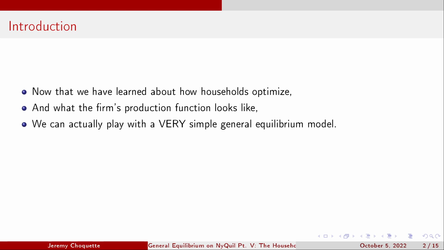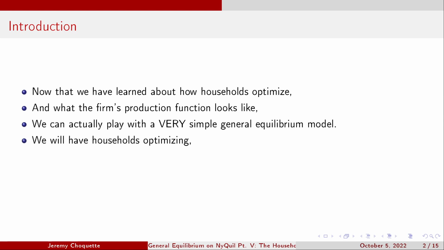It's actually what's known as the neoclassical growth model, and it's kind of like the workhorse model for all dynamic general equilibrium models. It's really not that different from the household optimization I showed you earlier. It's just that now we've also endogenized output.